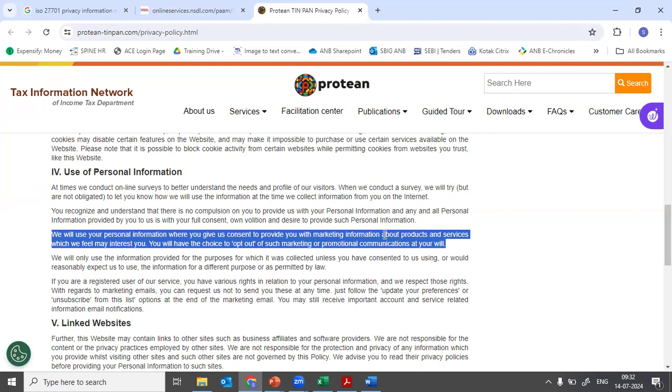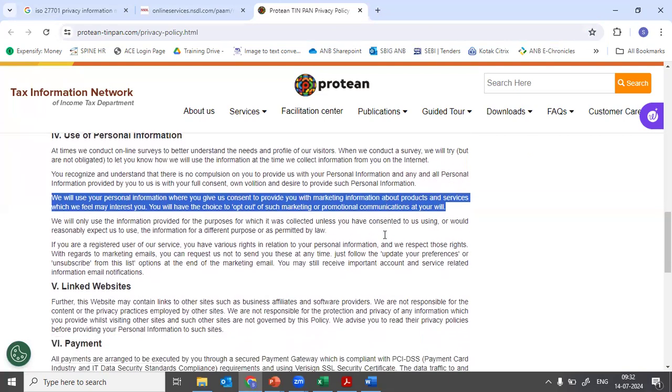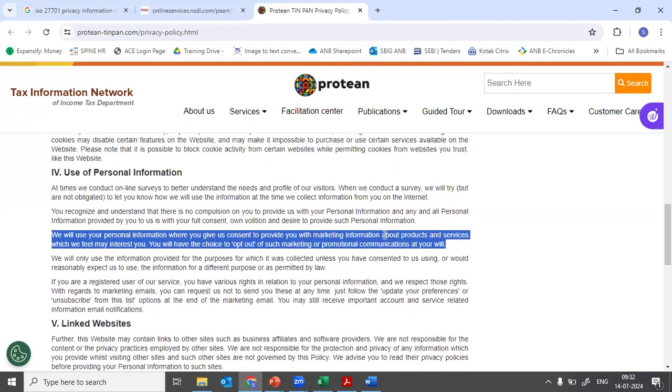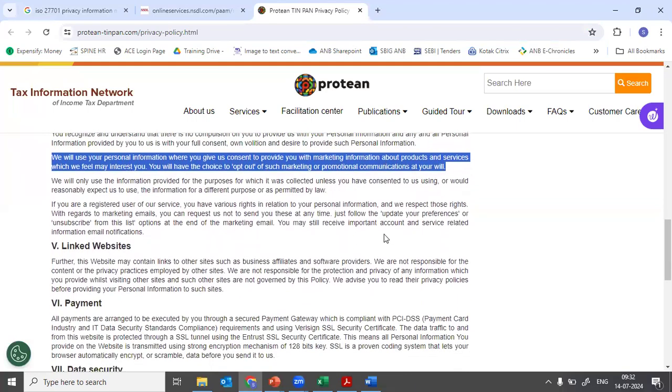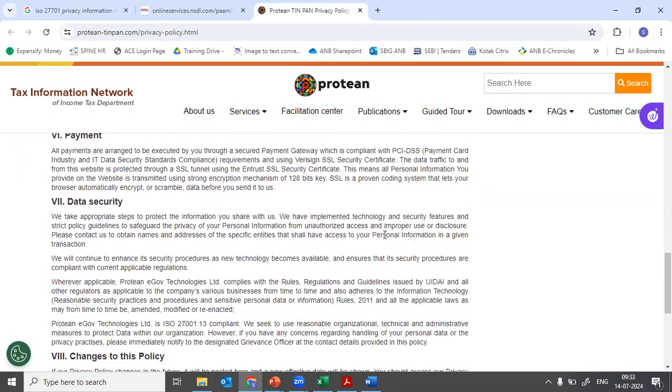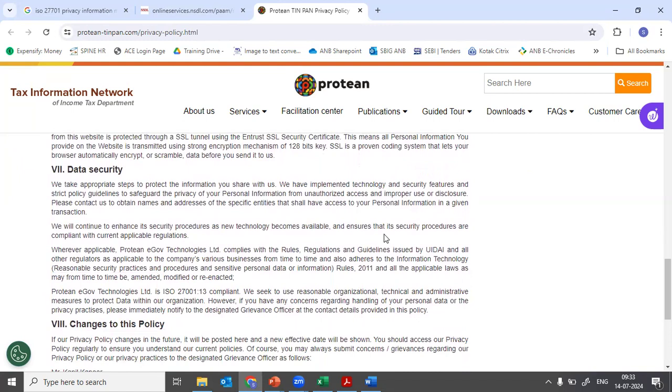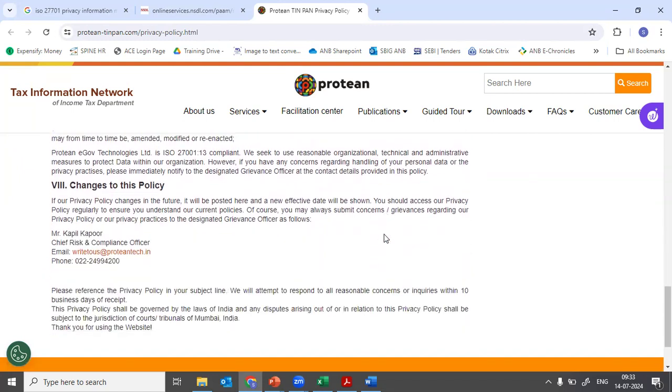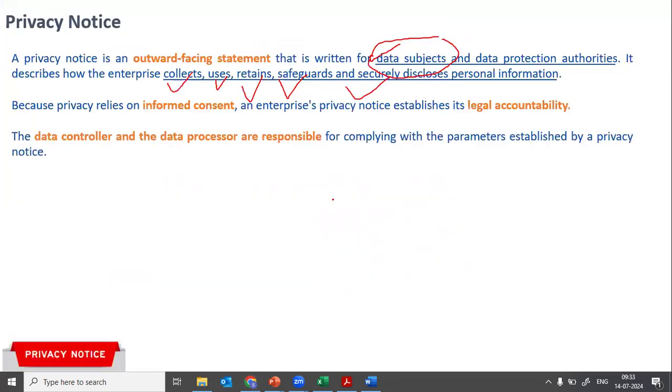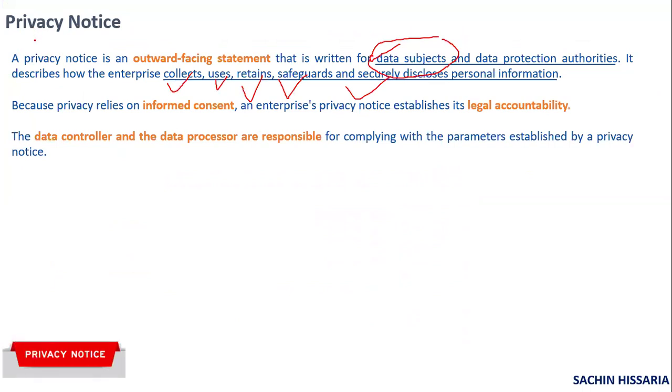So that is why you need to read these privacy notices: what information they are collecting, how they would be using it, and what kind of security measures the company has implemented to protect your data. So this is what the privacy notice is. Whatever we have discussed, I have shown you a real life example as well.